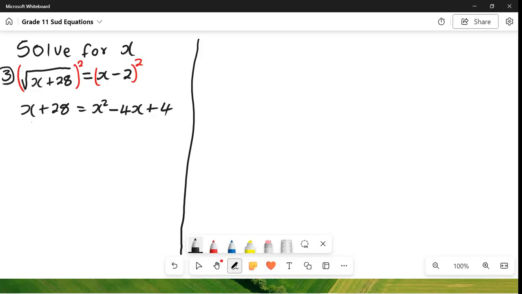And then we transpose and group the like terms. X squared, there's nothing that has a squared, so it's just going to be on its own. Doesn't have a friend, this one. So x squared without a friend is lonely. Then we transpose the x to the right hand side. It's going to be minus x, then minus 4x minus x, we have minus 5x.